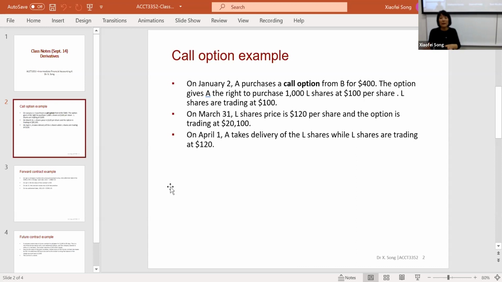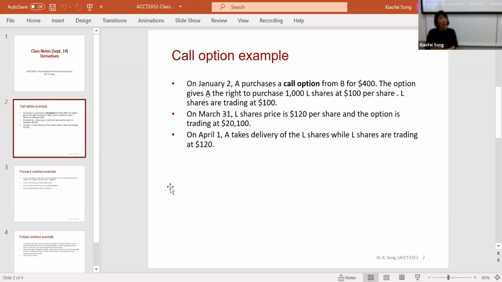Okay, so this example is in the slide as well. Here, the call option is a derivative because the call option is derived from L shares, right? So there are two things here.